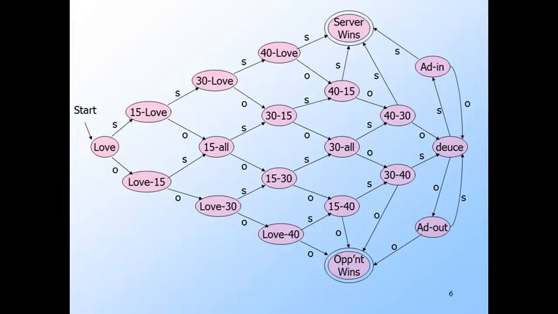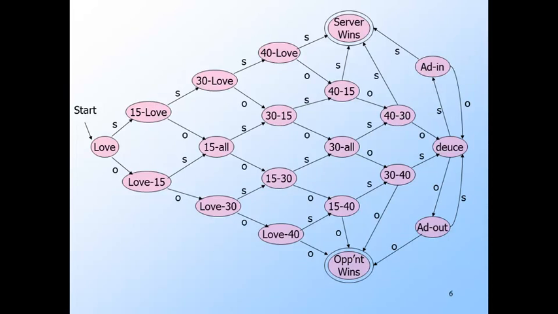Then in state add-in, if the server wins the next point, they win the game. But if the opponent wins, you're back to deuce. Likewise, from add-out, a server win puts you back in deuce, but an opponent win gives the opponent the game. We can now look at the entire transition diagram for the finite automaton.